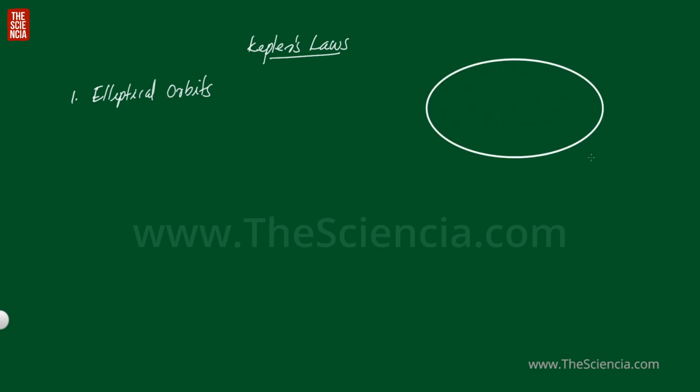Kepler's laws. First one, law of elliptical orbits. That is, every planet moves in an elliptical orbit around the sun. And the sun will be in one of the foci.